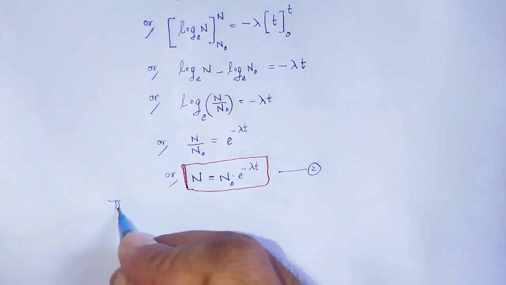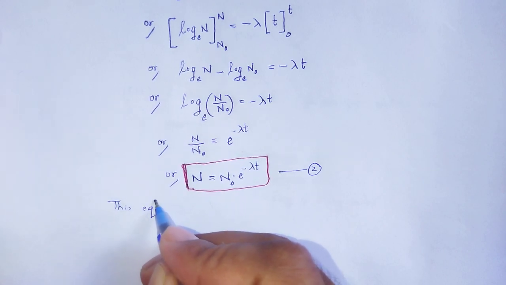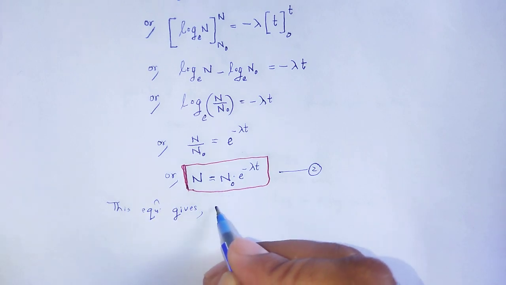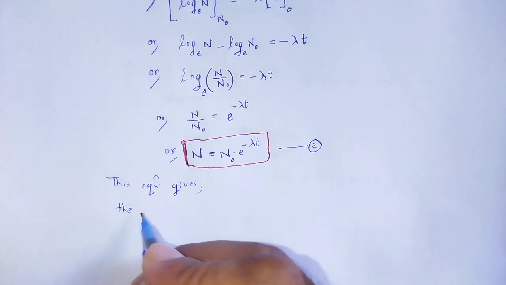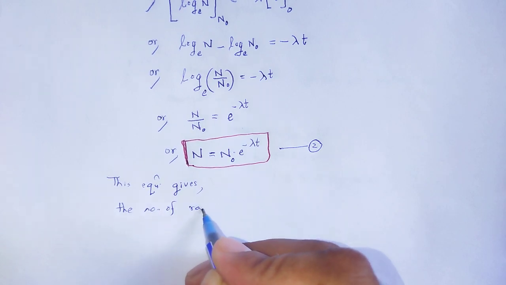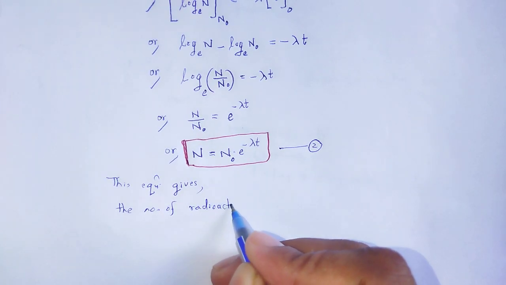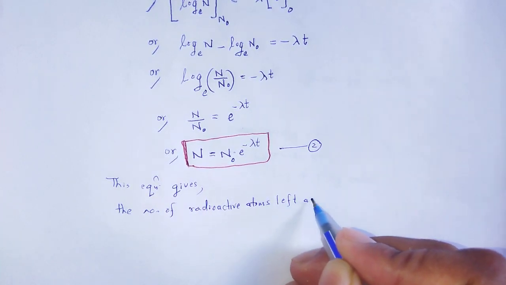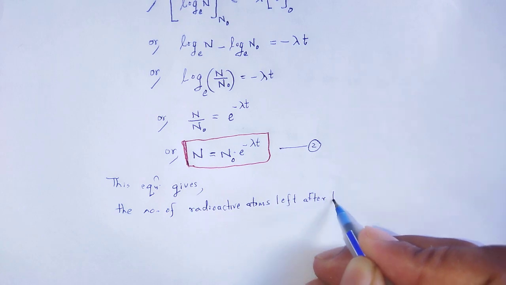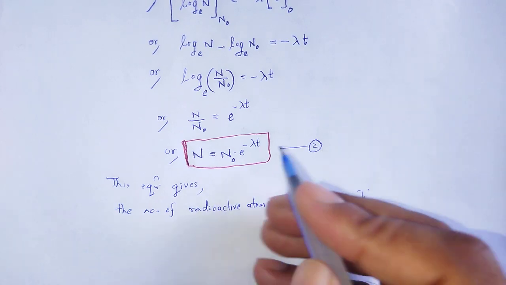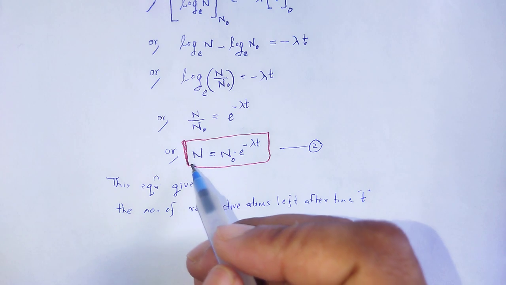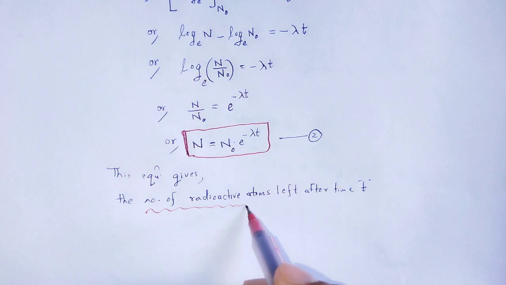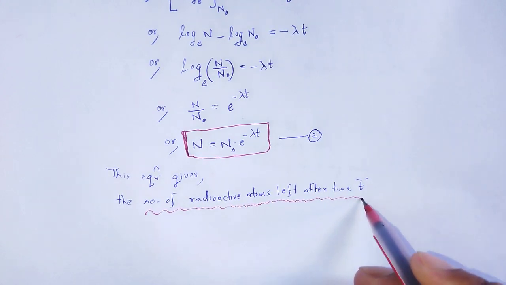This equation gives the number of radioactive atoms left after time t. After time t, what is the number of radioactive atoms left?